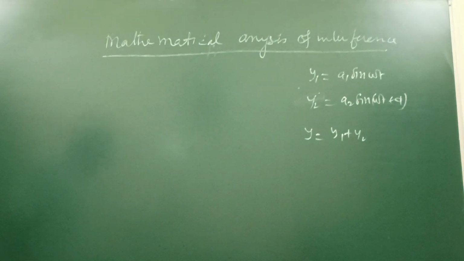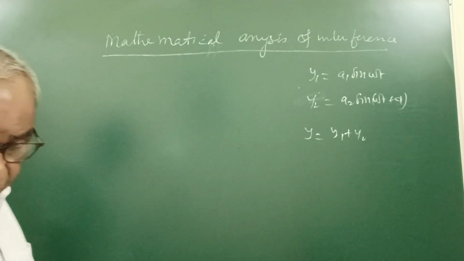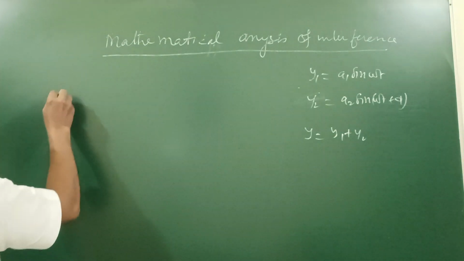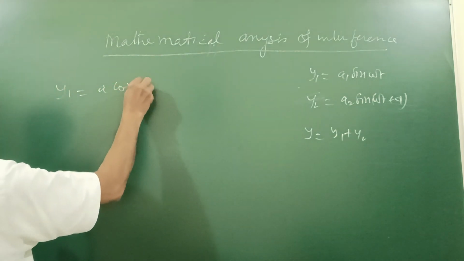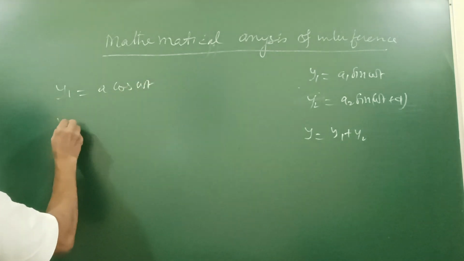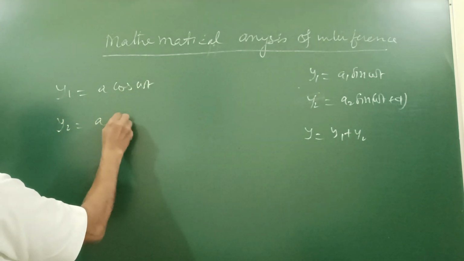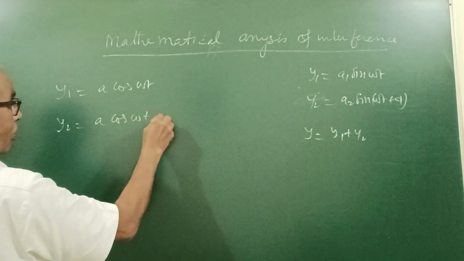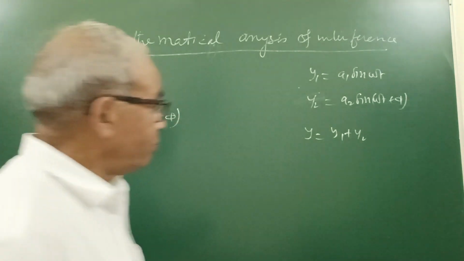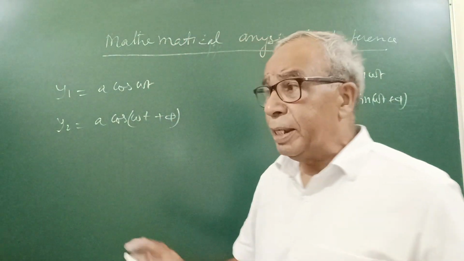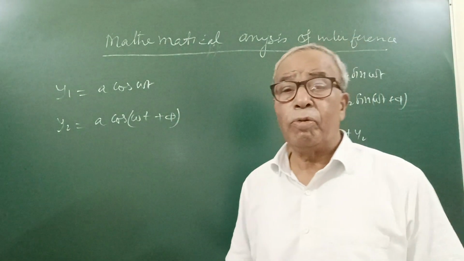In one year the question came like that, taking y1 equal to a cos omega t and y2 equal to a cos omega t plus phi. If these two light waves, here dear student, please listen to me carefully.